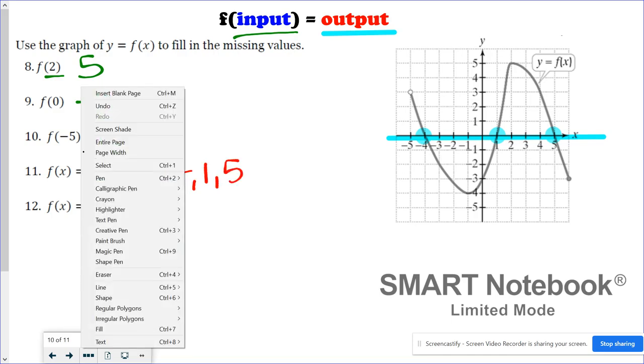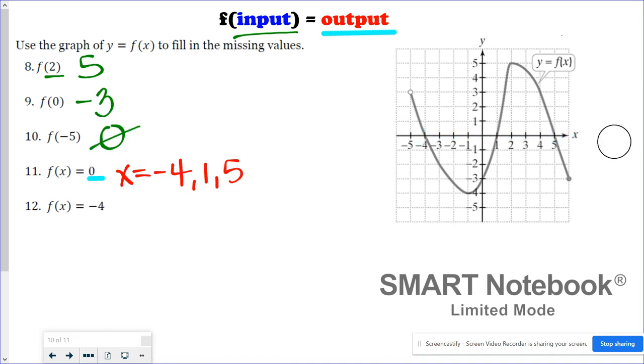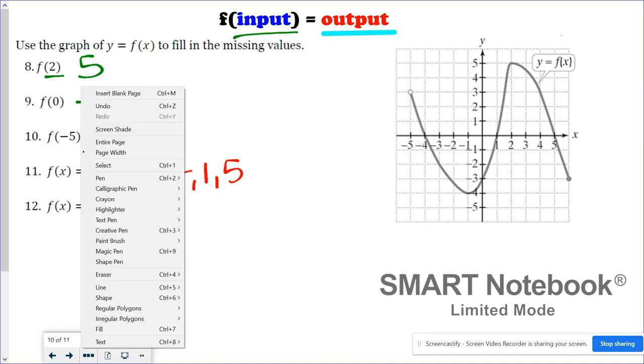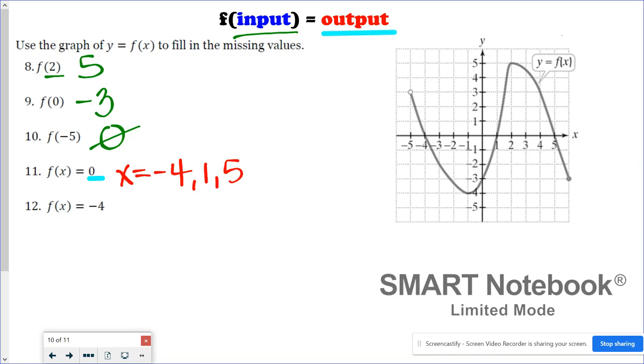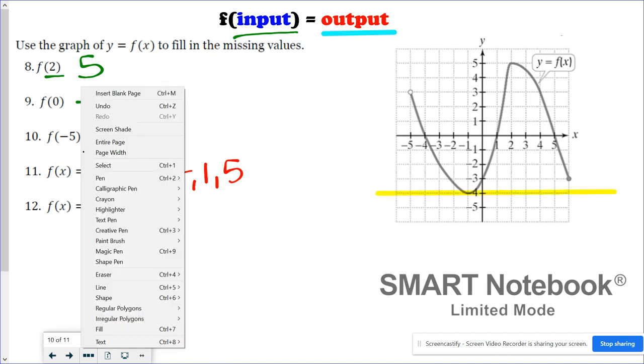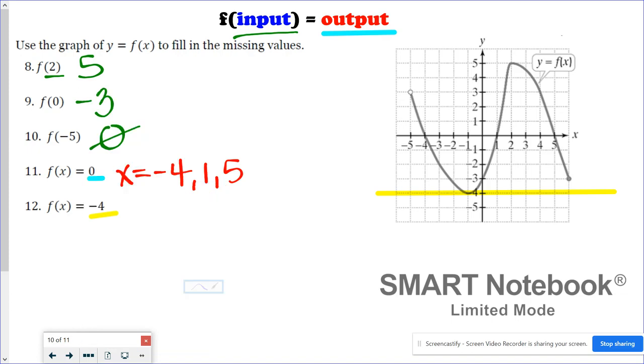So whenever I'm solving a functional equation looking at a graph, that's what I like to do. I like to use a highlighter or whatever I have handy, and I like to draw a horizontal line representing all possible outputs. And then I'm able to see exactly all the places that have that output value.